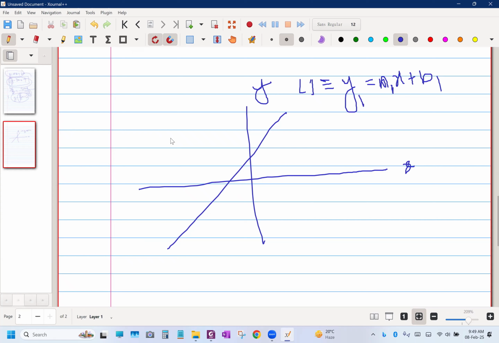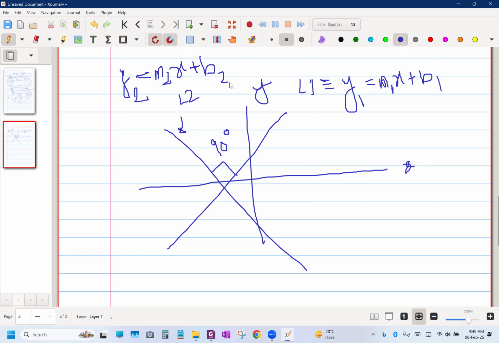So the line that is perpendicular to it, that is basically 90 degrees. You can call this line as the line 2. You can write this as y2 equals m2 x plus b2.